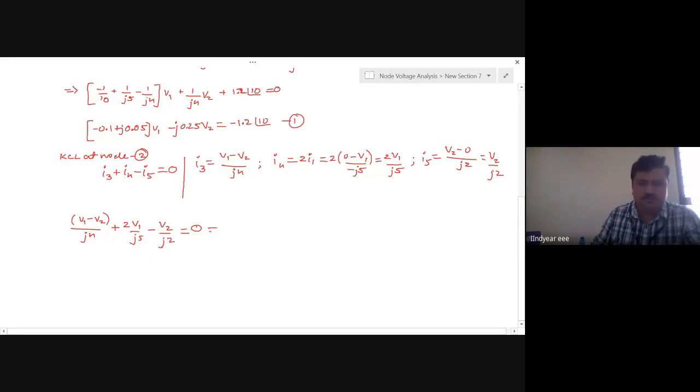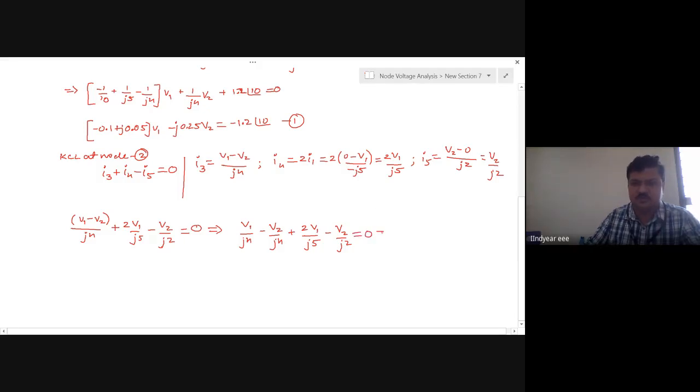Now, simplify this by opening the brackets. V1 by j4 minus V2 by j4 plus 2V1 by j5 minus V2 by j2 is equal to 0.